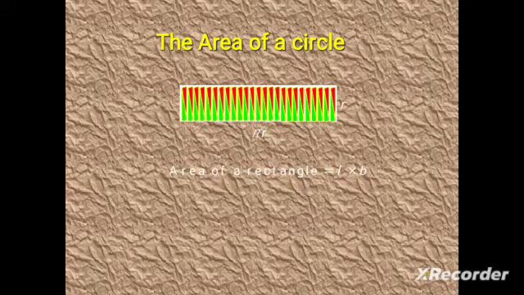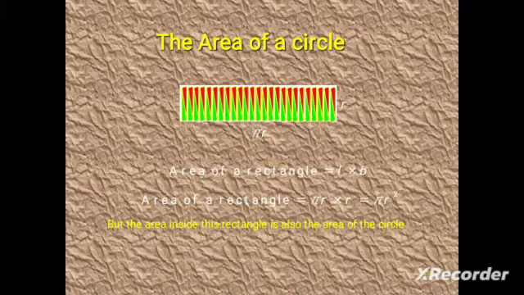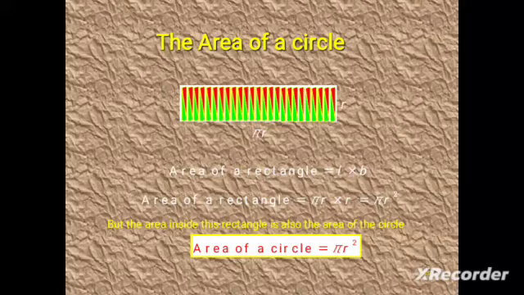Knowing that area of a rectangle is equal to length times width, we get pi r times r, that will give us pi r squared. But the area inside this rectangle is also the area of the circle. So area of the circle is equal to pi r squared. Hence the formula is derived.